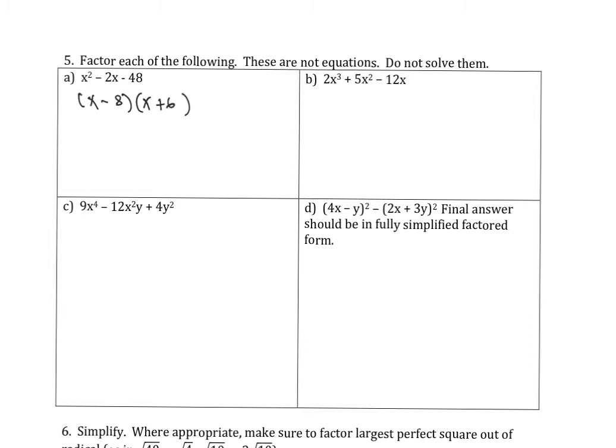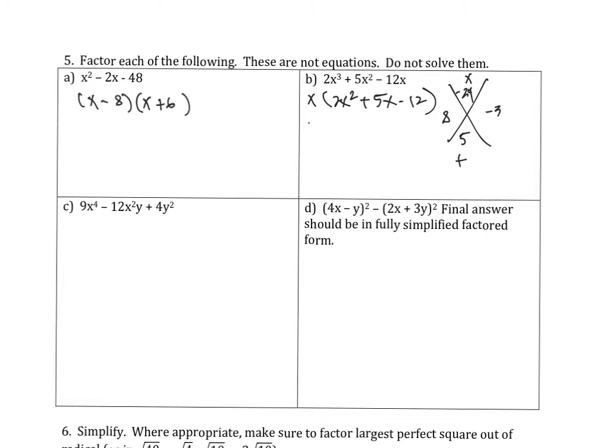Here, we're going to use the method. First, we factor out the x to get x times 2x squared plus 5x minus 12. Now we need two numbers that multiply to 2 times negative 12, which is negative 24, and add up to positive 5. Those two numbers would be positive 8 and negative 3.